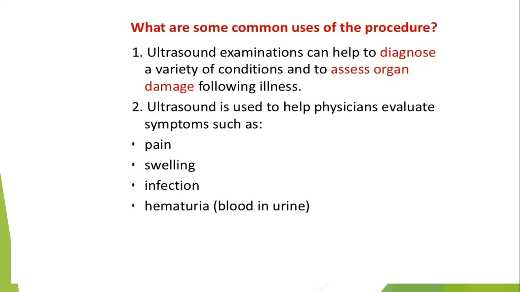Organ damage. As you can see, this is a real-time imaging study, right? So we can directly see how organs are damaged by some condition or illness. And the ultrasound is used to help physicians evaluate symptoms such as pain, swelling, infection, hematuria, which is blood in urine, right?